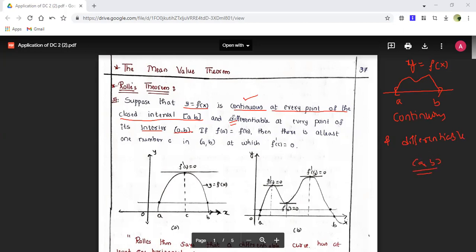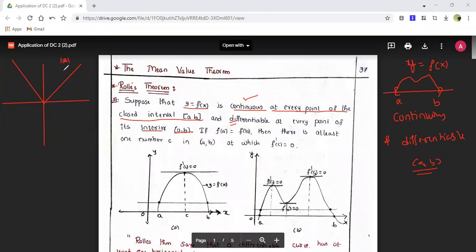Because differentiable means the tangent can be drawn to the curve, you can see. So if I take the edge points, the last end points, then you'll be getting sharp points. Say, for example, if you see the graph of the mod x function, it comes like this.